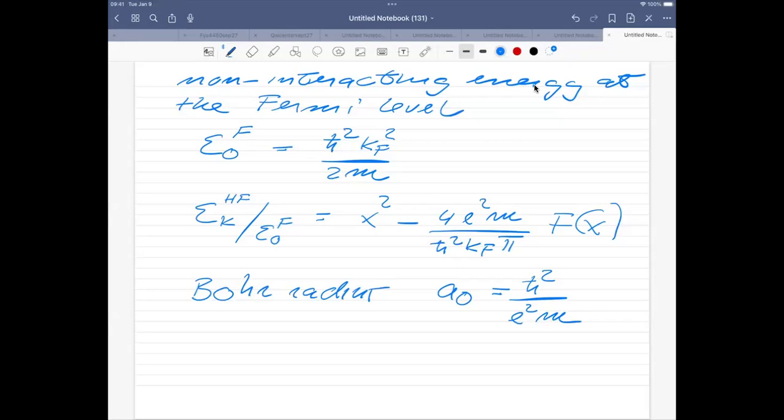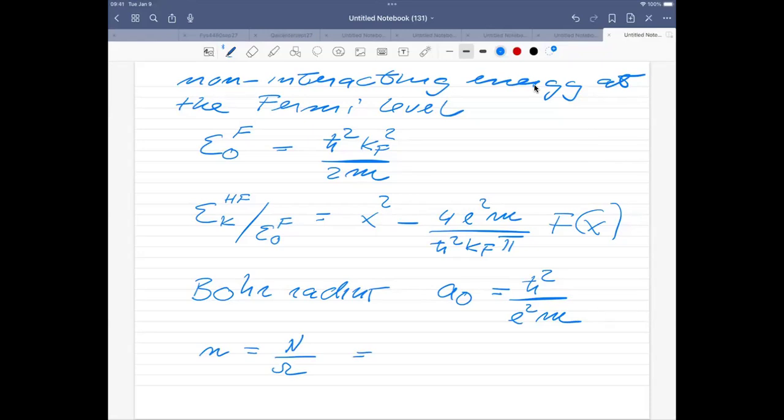Now, another thing which we are going to do is to remind ourselves of the fact that the density of electrons is given by n, the number of electrons, divided by the volume. This quantity n, and this is something we will show a little bit later, is actually the number of states, the density of states, up to the Fermi level.